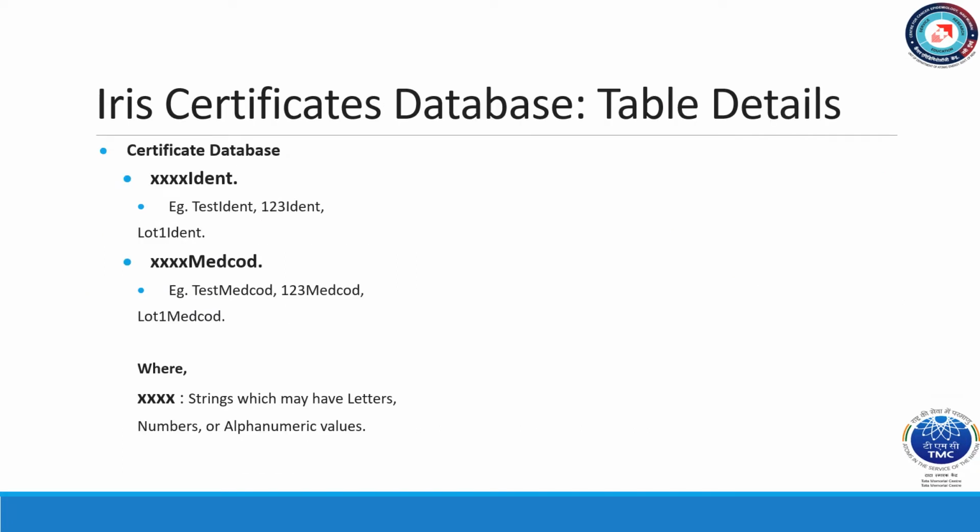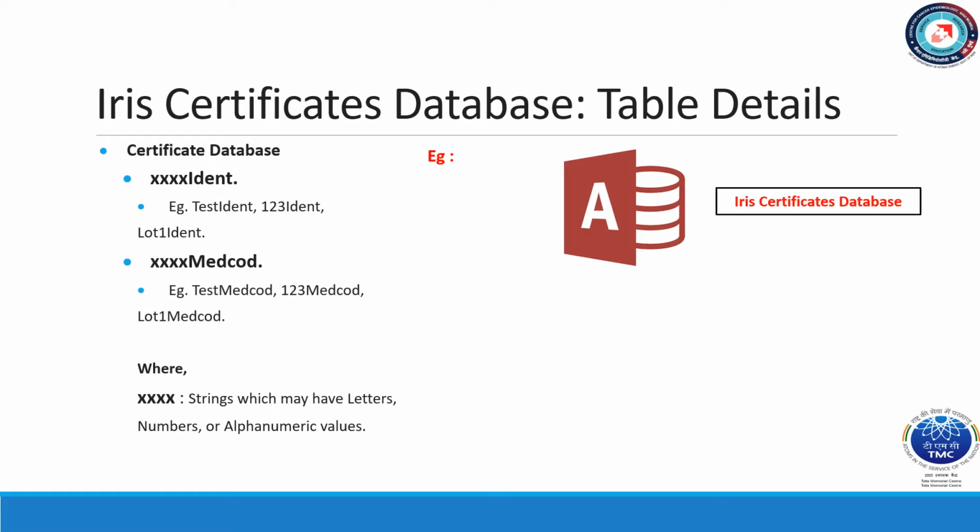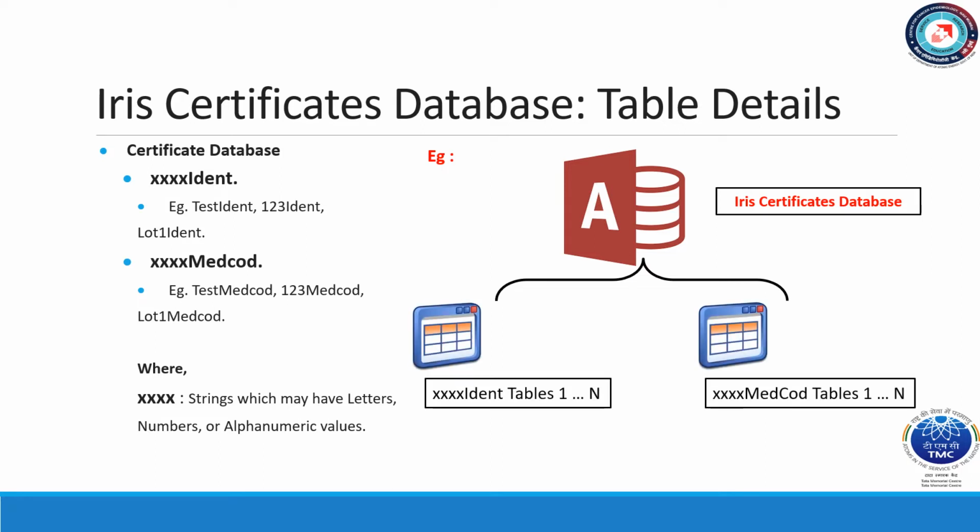Now, let's get to know about the tables present in the certificates database deployed by Iris. There are two tables, namely Ident and MedCod. With that, let us consider the Iris default database Microsoft Access as an ideal example here. These tables have their attributes defined by Iris. Attributes are the various columns used in the tables.